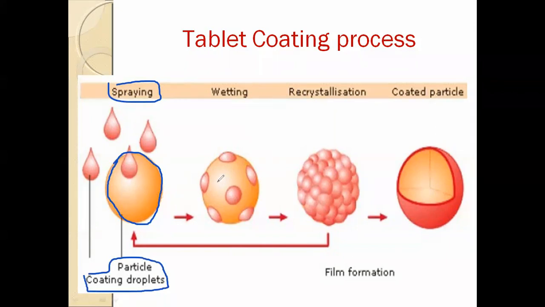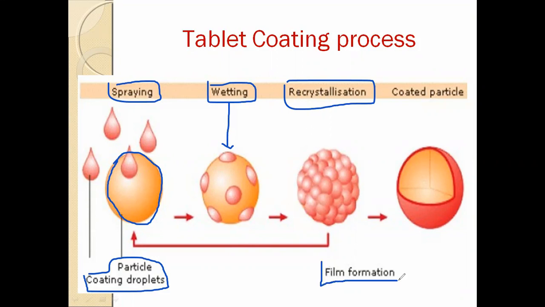When they get adhered, this droplet will lead to the wetting of the core. So you can see the wetting takes place with the help of the coating droplets, and then the recrystallization takes place when these coating droplets get dried. This will lead to the formation of a film, and you are going to obtain a coated particle.